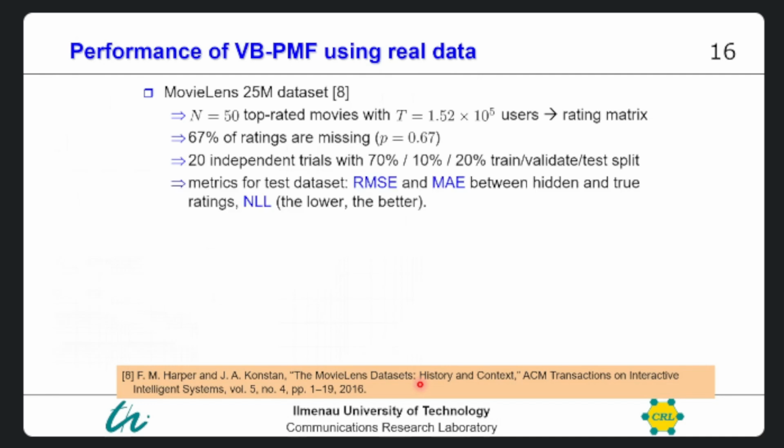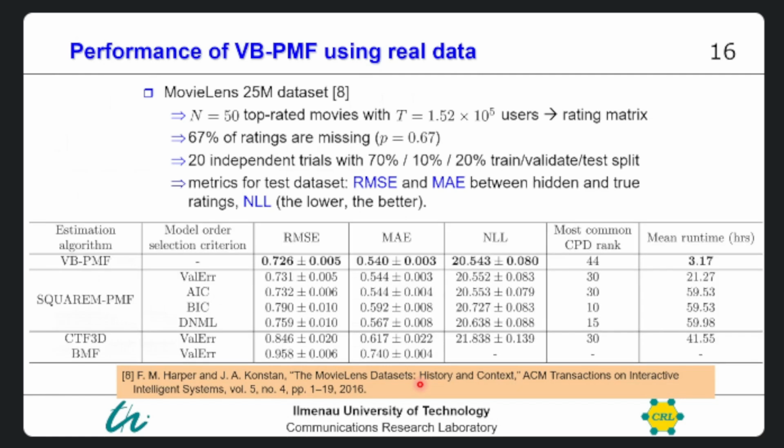We perform 20 independent trials. We use the same metrics as before: the root mean square error and the mean absolute error between the hidden and the true ratings, and also the negative log likelihood between the estimated and the true models.